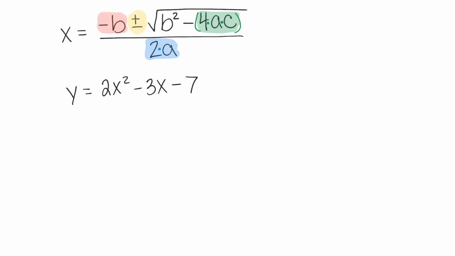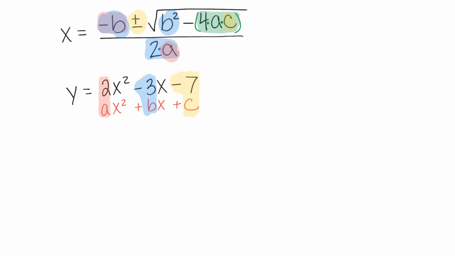Remember we said ax squared plus bx plus c is our form. So that means my a is 2, the b is negative 3, don't lose your 3, and your c is negative 7. So we are going to come up here and replace all of that. Our c is going to be the negative 7, our b is going to be the negative 3, and our a is going to be 2.